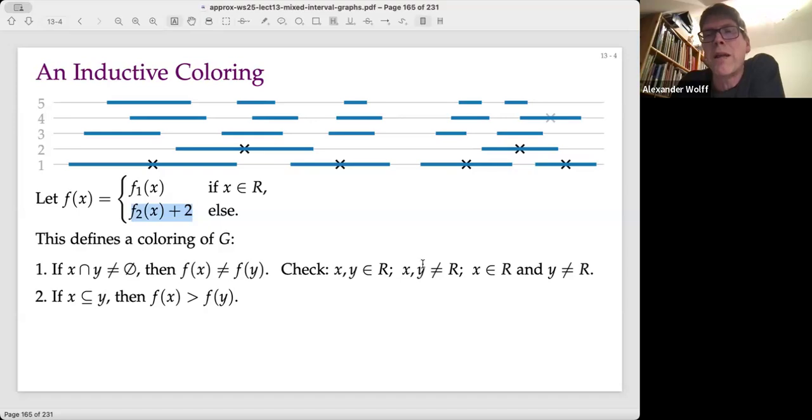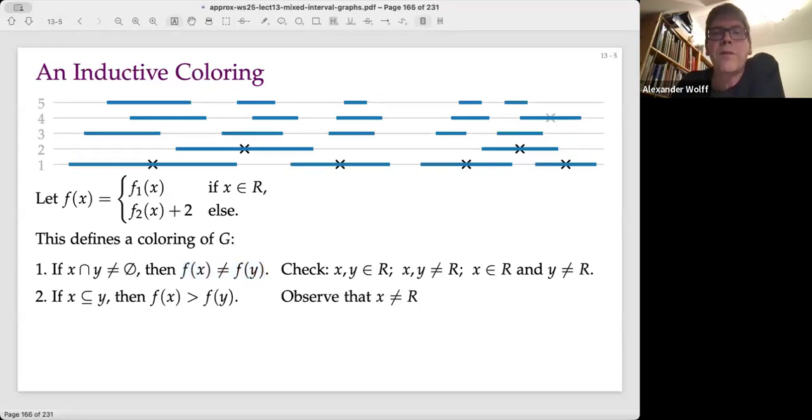So if they overlap, they must be different. And then I have also the case that one of the 2 intervals lies in R, so it gets a smaller color, maybe 1 or 2, and the other interval is not in R, so it gets a color that is at least 3. So again, I have shown that this is true.